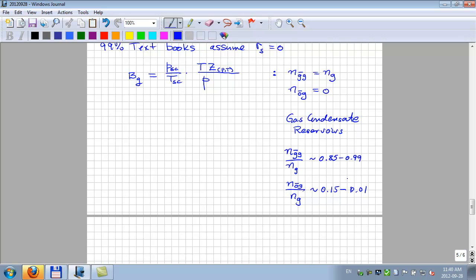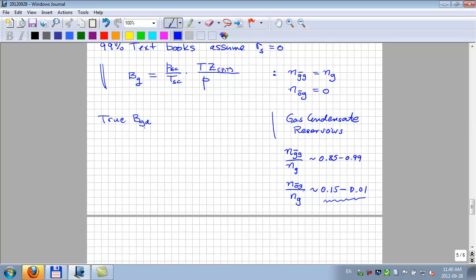And this equation is going to be off. It's going to be wrong for these gas condensates by this amount. So if this value is 0.1, then your BG from this equation is wrong by 10%. Okay? Because the true BG, which is what we refer to in the book as BGD.